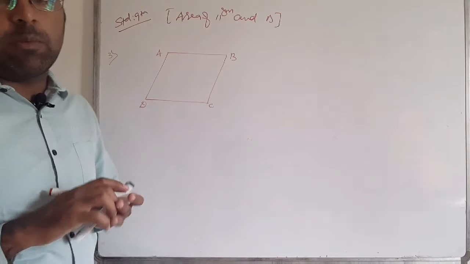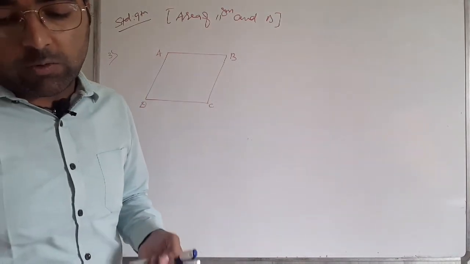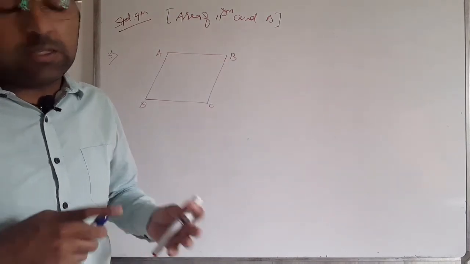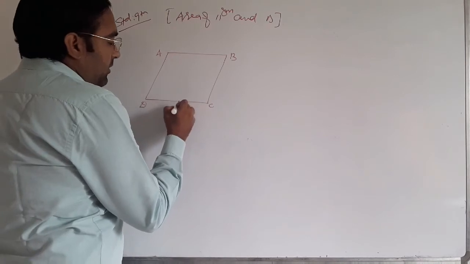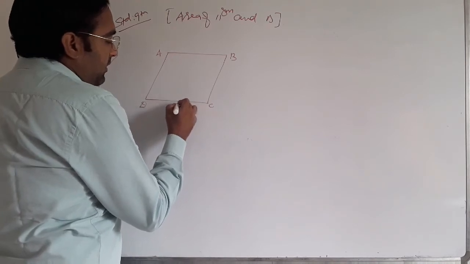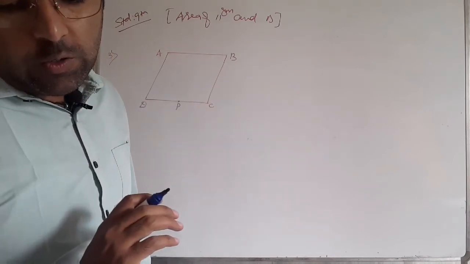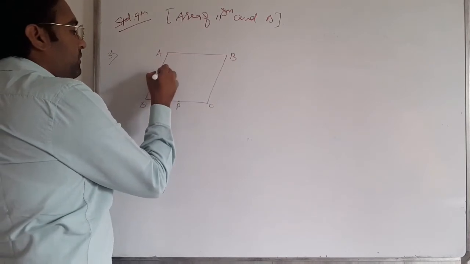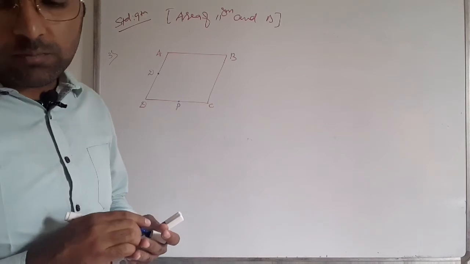Okay, parallelogram ABCD is given. Now P and Q are points on the sides: point P is on CD and Q is on AD here.